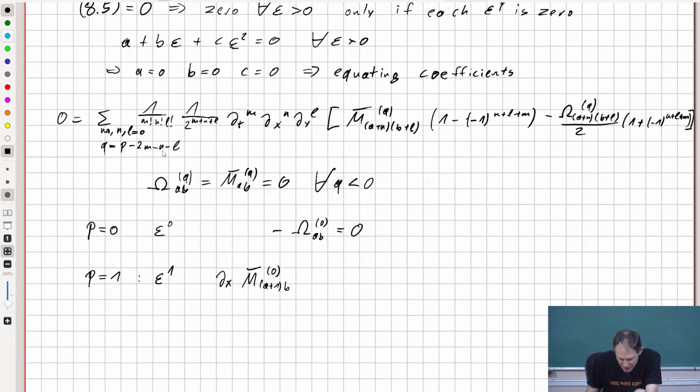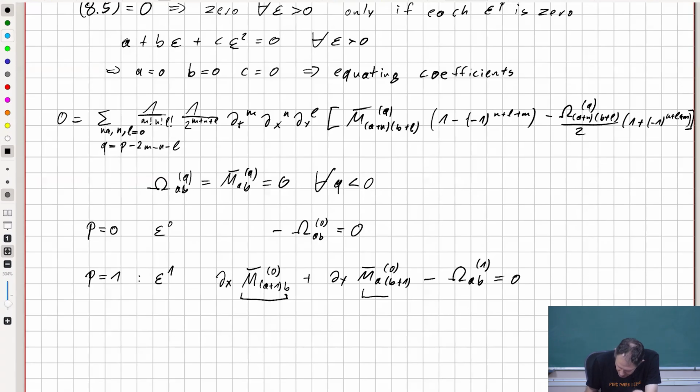So n is 1, p is 1, so q is 0. You see it? Plus dy, the similar here, a, b plus 1 to 0 order. And this goes into omega(a,b) to first order now, and this together is 0.